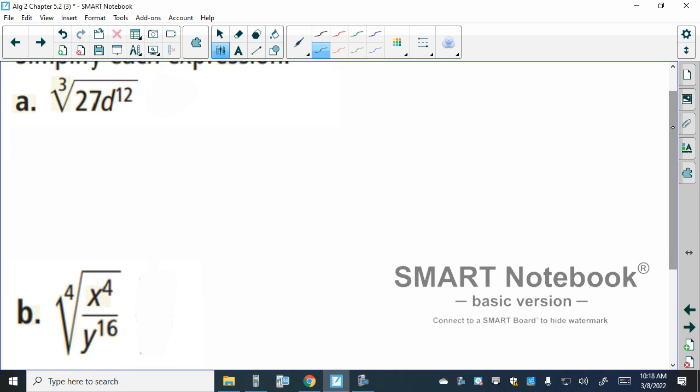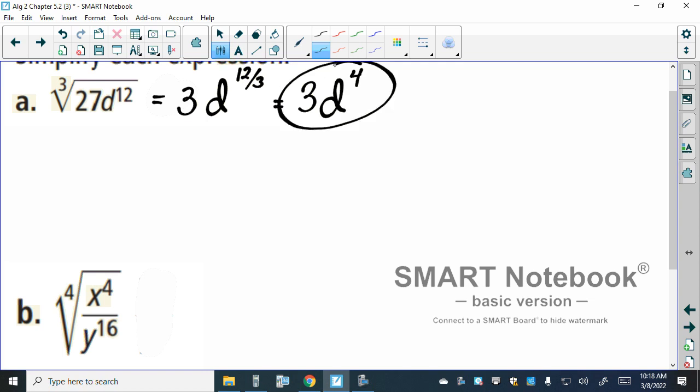So we have the next one, the cubed root of 27d to the 12th. So we need to see what the cubed root of 27 is and the cubed root of d to the 12th. Over 3. Yes.